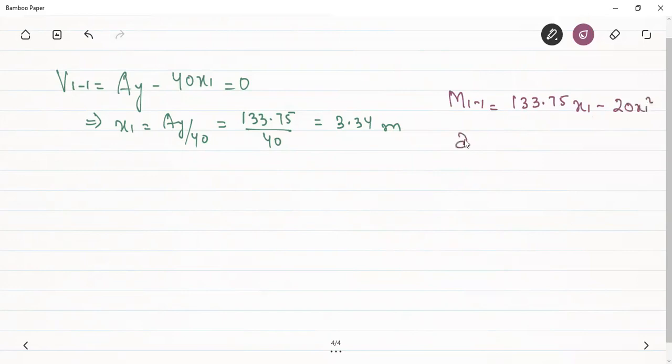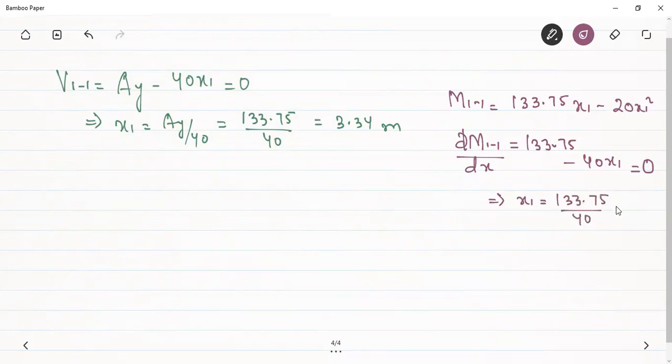If I differentiate this bending moment with respect to x, it will be equal to 133.75 minus 40 x1. For the maxima or minima, this has to be 0. So from here we get that x1 is equal to 133.75 divided by 40, which is also equal to 3.34.